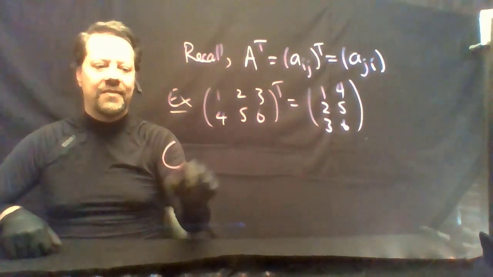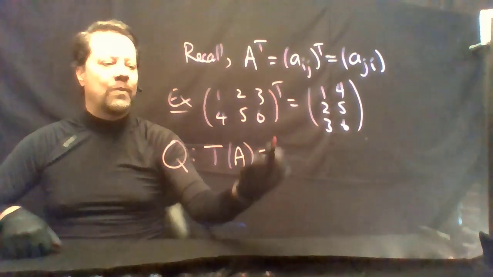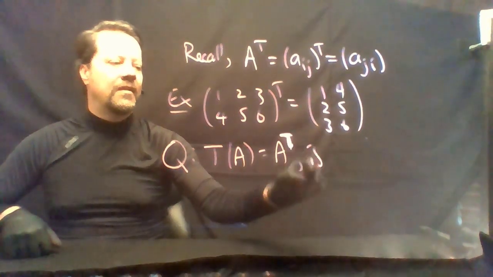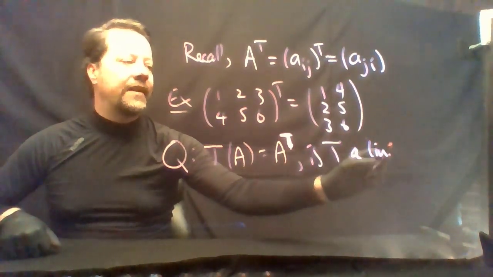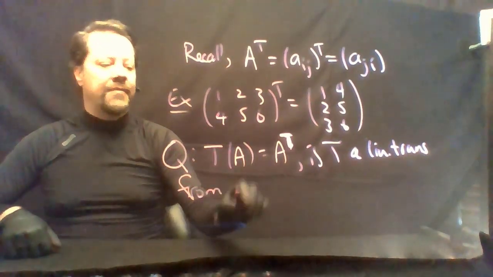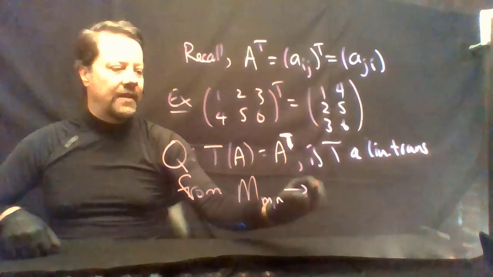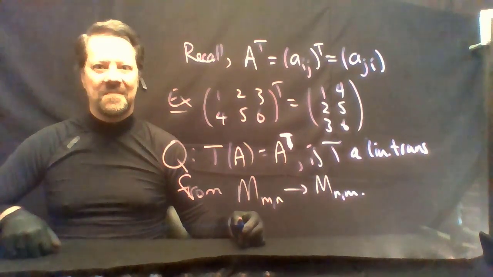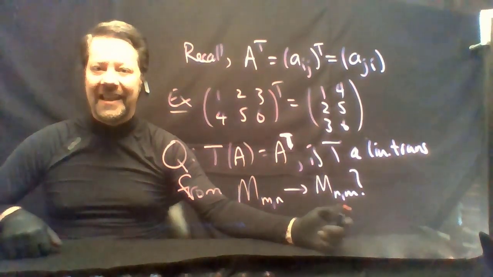My question is, if T of A equals A transpose, is this a linear transformation from the set of m by n matrices into the set of n by m matrices? Well, we can check the two properties of linearity.